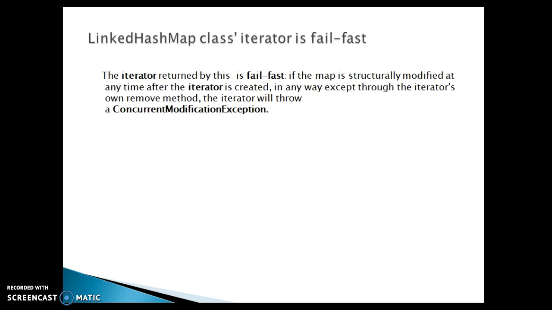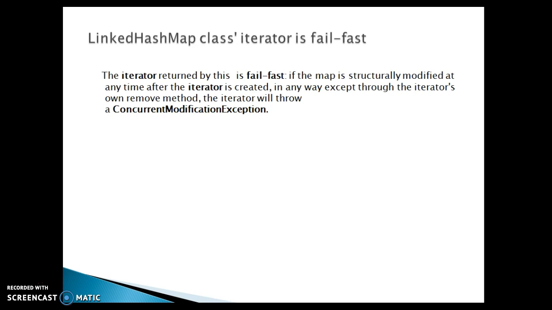Now the iterator returned by this is fail fast. If the map is structurally modified at any time after the iterator is created, in any way except through the iterator's own remove method, the iterator will throw ConcurrentModificationException, right.